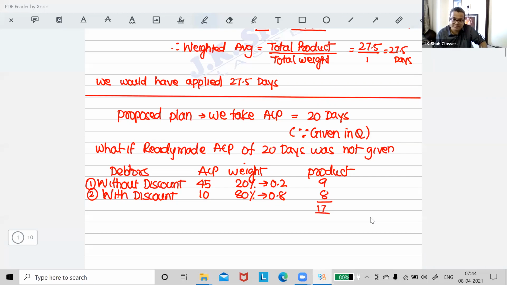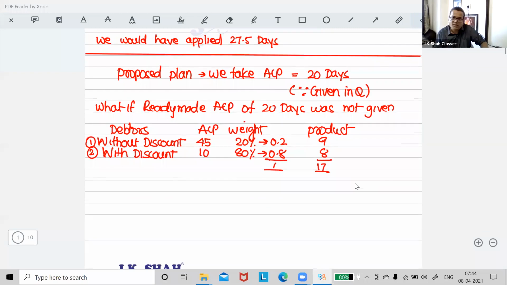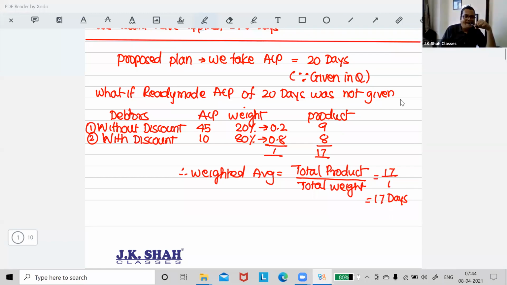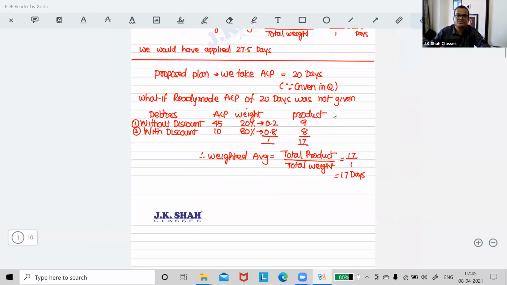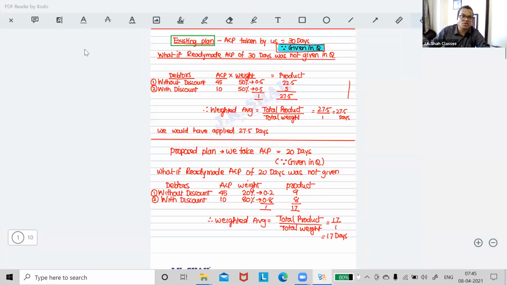Weighted average is equal to total product upon what?